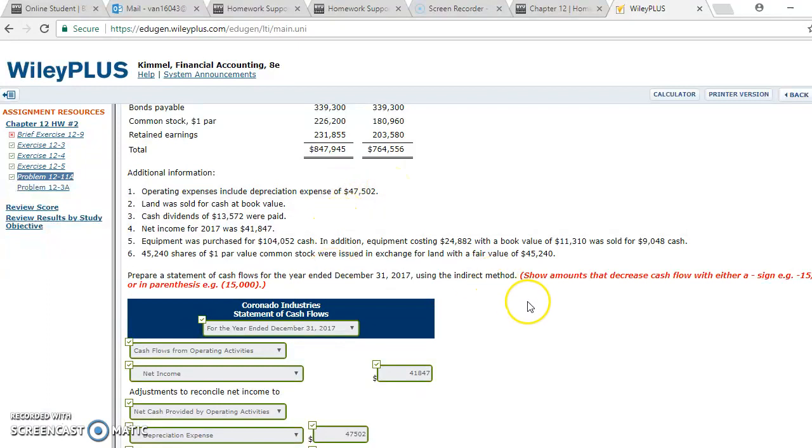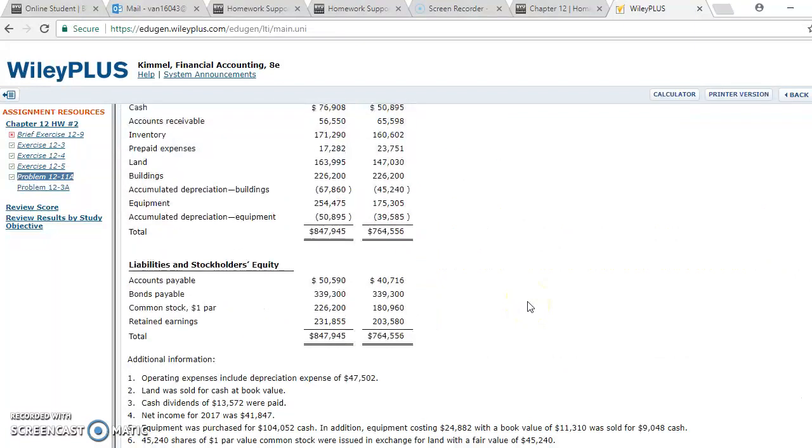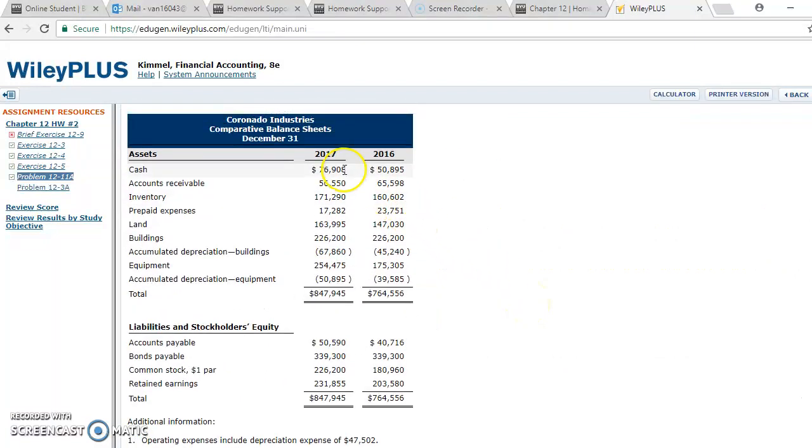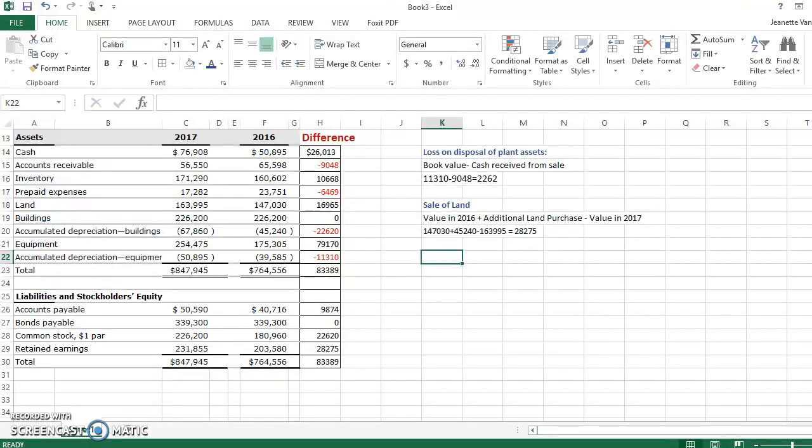What I did to start with, because we do need to know the differences between these values for the two separate years, I went ahead and did that over here in my Excel spreadsheet. I just added an additional column that shows us the difference between the values.